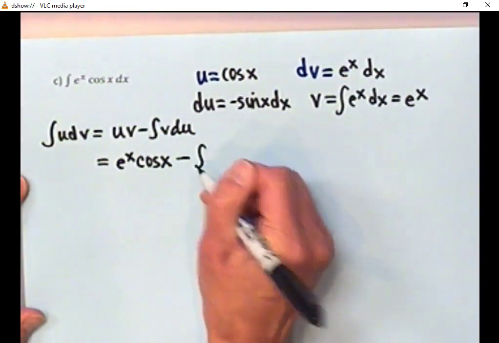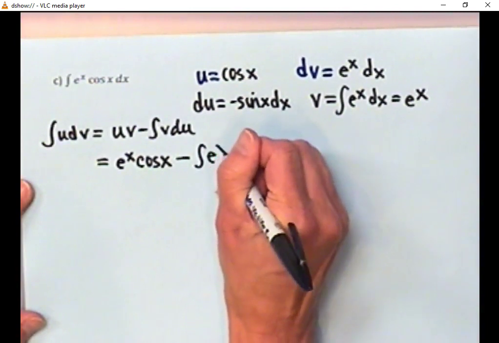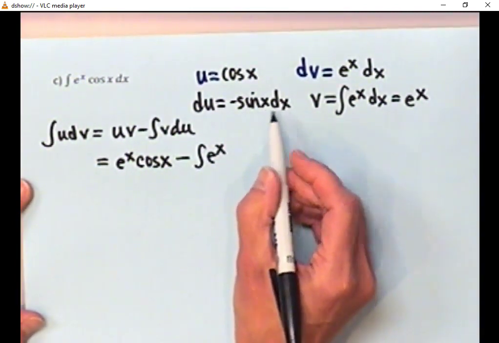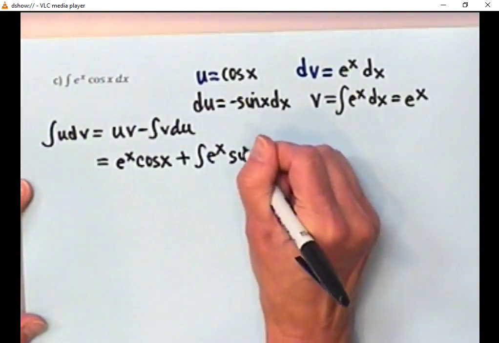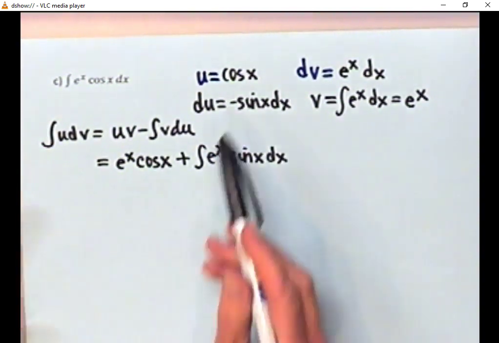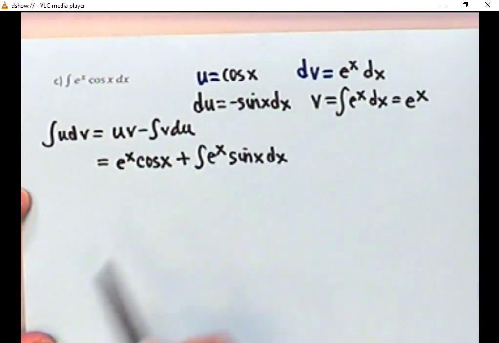And then I'm going to have the integral of v, which is e to the x, and du, which is negative sine of x, right? So I'm going to actually put the negative in front and make it a plus, sine of x dx. Okay, so uv minus the integral of v du. Okay, I think I got it right.